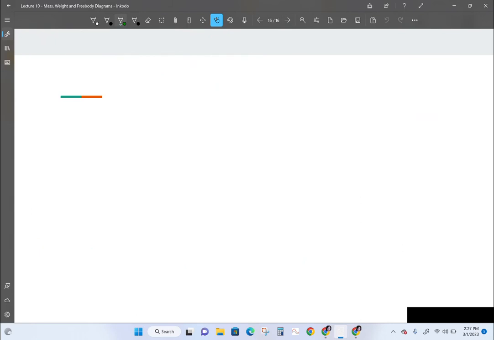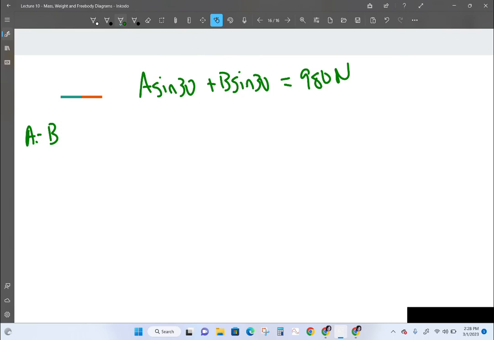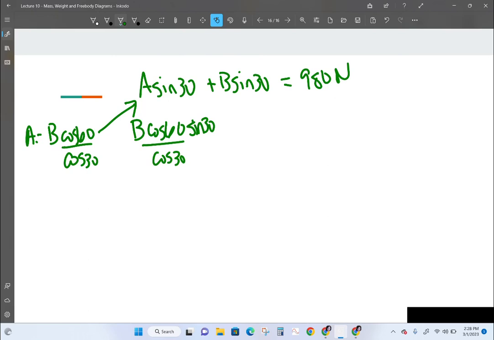So we had A sine of 30 plus B sine of 60 equals 980 newtons. We knew that A was equal to B cosine of 60 all over cosine of 30. I'm going to substitute that in here for A. So if I do that, I get B cosine of 60 times sine of 30 all over cosine of 30 plus B sine of 60 equals 980 newtons.